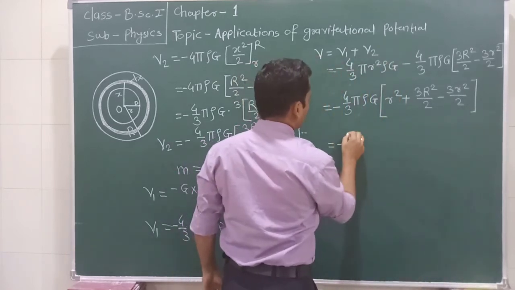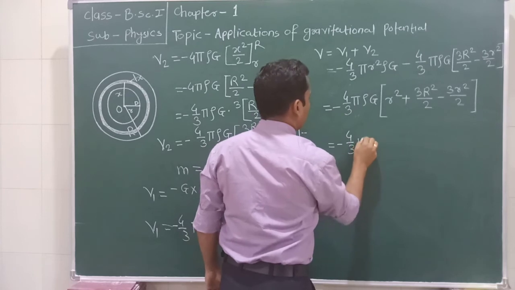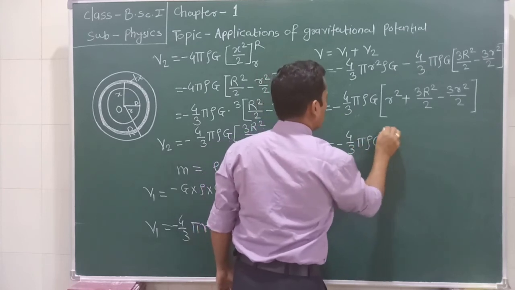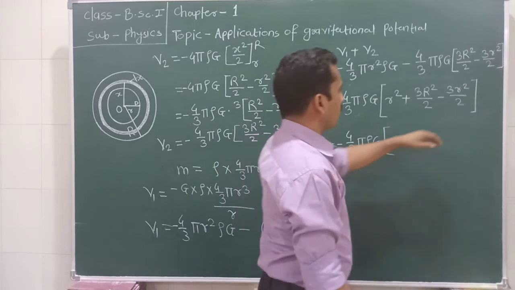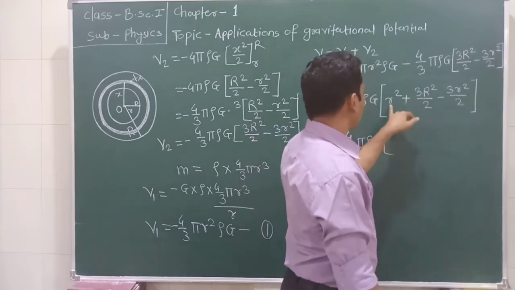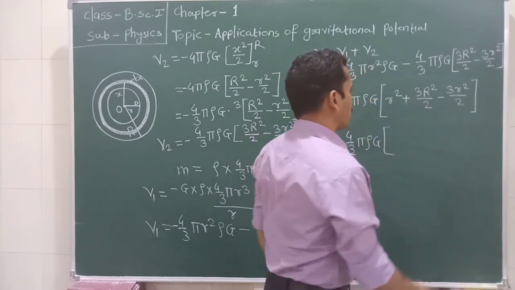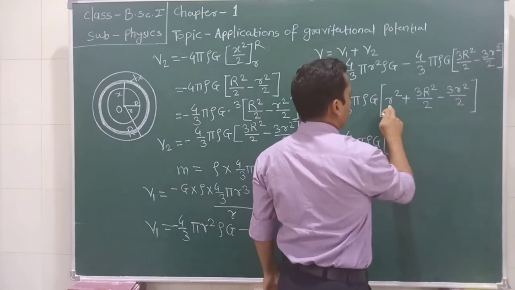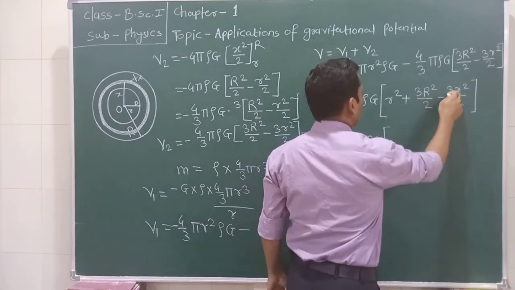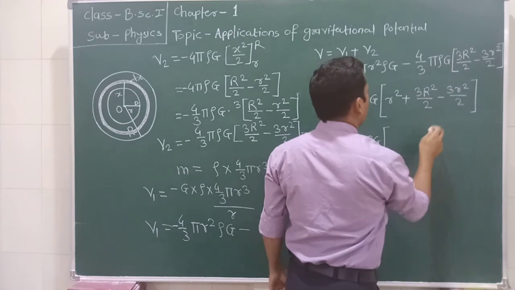Now if we cross multiply the 2 with r square, it is twice r square, and twice r square minus 3r square is equal to minus r square.